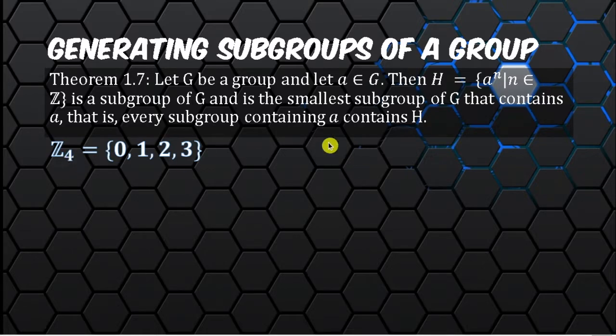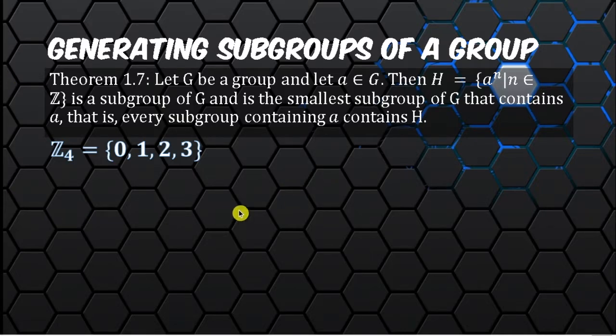So even if it's not indicated here, the symbol used here is Z sub 4. So meaning this is the set containing all the possible remainders when two numbers are added and then divided by 4.